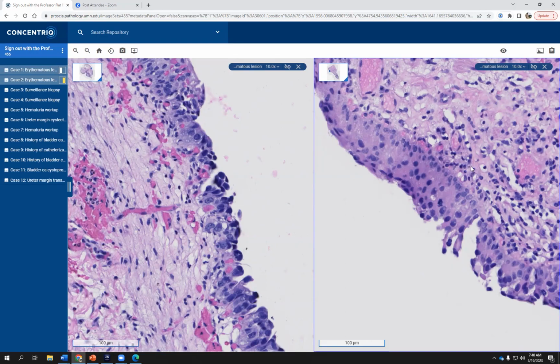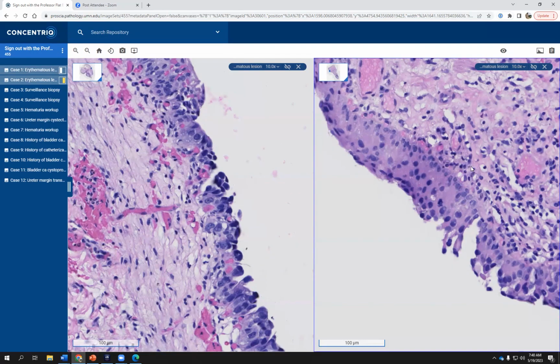And oftentimes when this happens, if the cell borders are well defined, you can also see the nucleus pushed to the periphery of the cell, somewhat an eccentrically placed nucleus in a cell that is brightly eosinophilic, which should make you think of the possibility of carcinoma in situ.